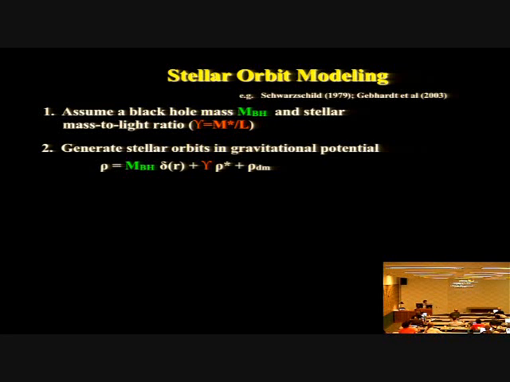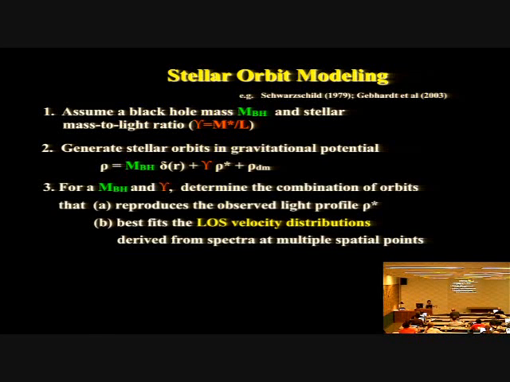And we generate tens and tens of thousands of allowed orbits for a given set of parameters, and you apply observational constraints. The two major constraints we're using are the one I mentioned, the line of sight velocity distribution we obtain from the spectra for all the parts of each galaxy.